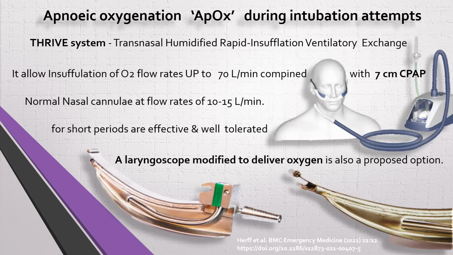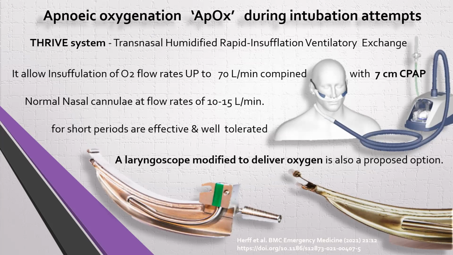THRIVE system, this is the transnasal humidified rapid-insufflation ventilatory exchange. This is the high flow nasal cannula. The idea is to mix warm, humidified air with oxygen. It allows insufflation of oxygen at a high flow rate up to 70 liters per minute, combined with 7 centimeters of CPAP, as we mentioned before.